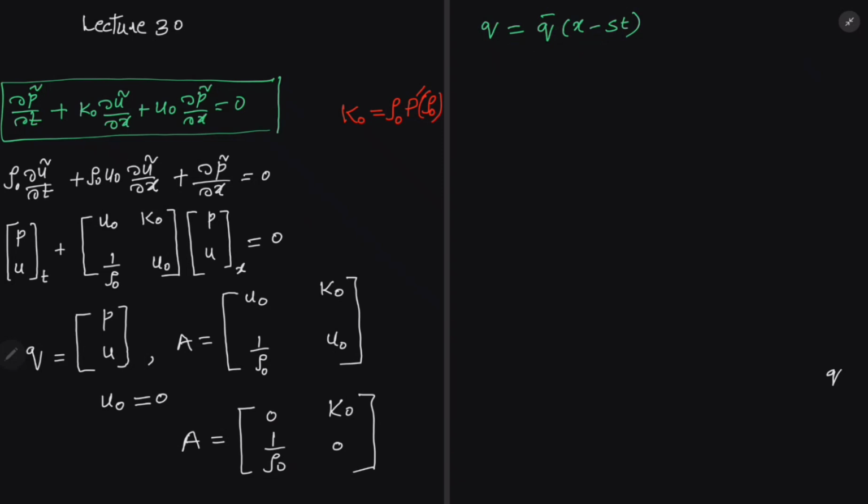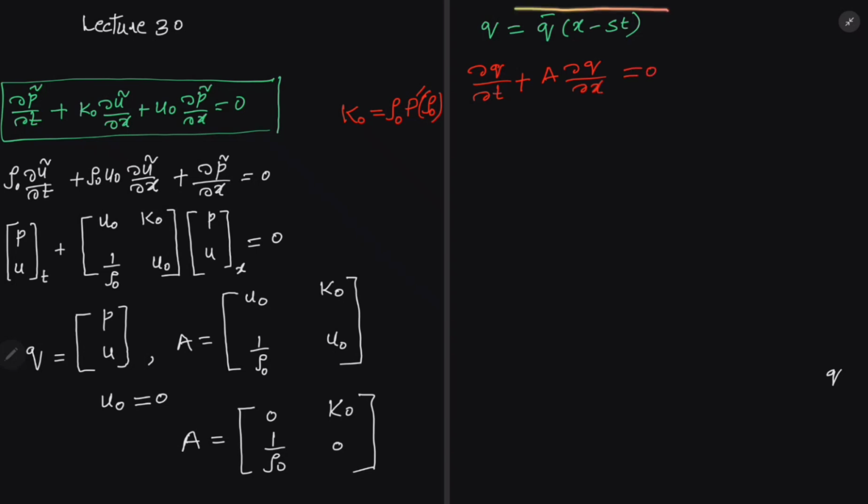Our problem is this matrix form, partial q by partial t plus A partial q by partial x is equal to 0.